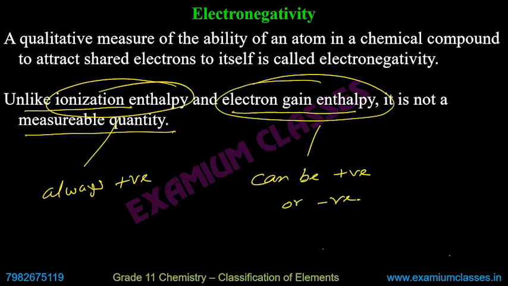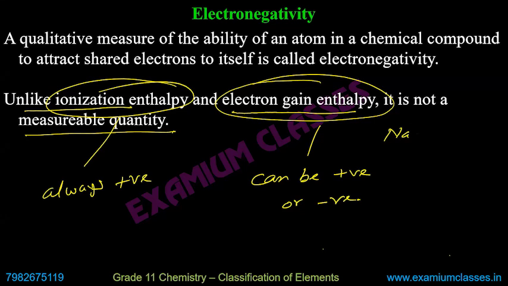Ionization enthalpy will always be positive because you have to provide the energy to remove an electron. Okay? Electron gain enthalpy can be positive or negative. In some cases, to make an atom get an electron, you will have to force it. For example, Na. This will not accept an electron. There is no reason it should accept an electron because it will be more unstable.